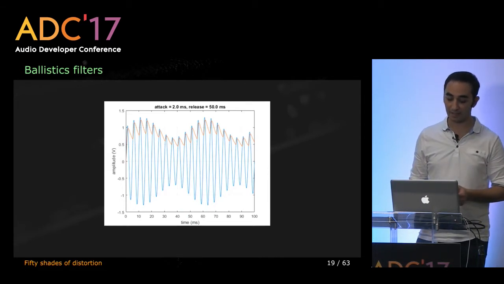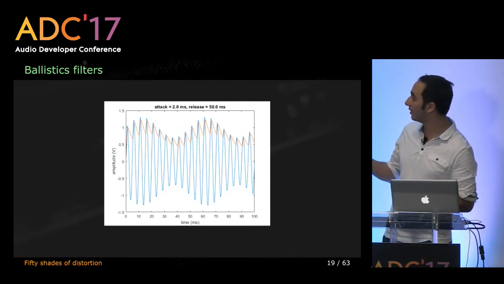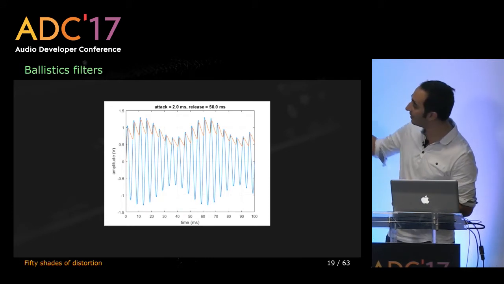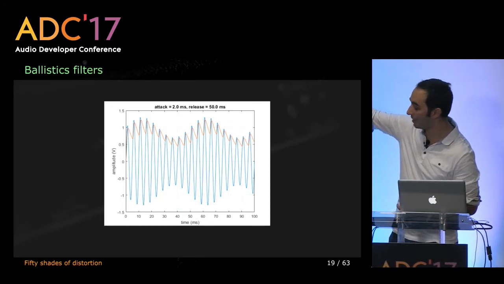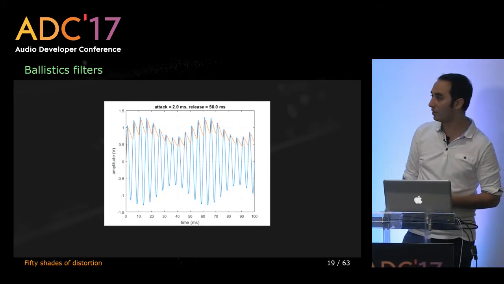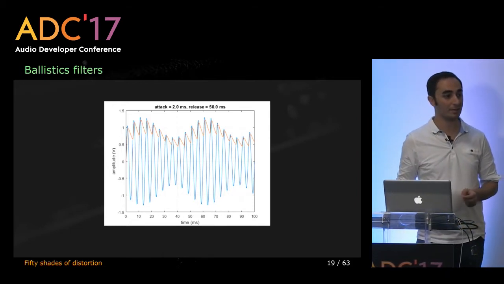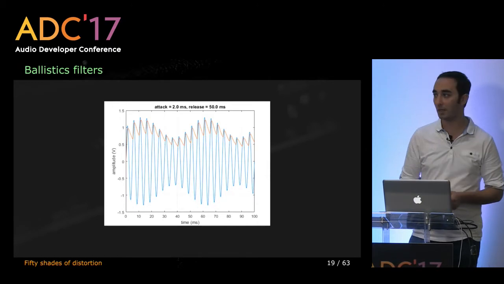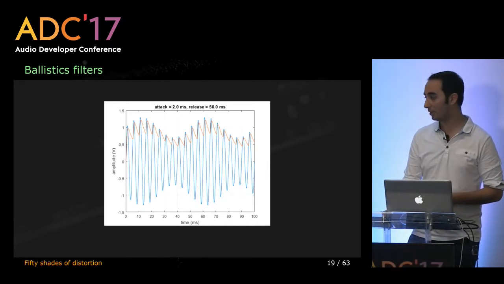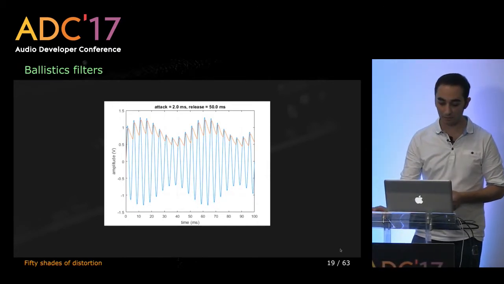And by setting the attack and release parameters, like in this example, we can get the red function that is here. And if we smoothen it a little more, we can use it directly as the control voltage signal to tell our VCA how to compress the signal. And this is actually this red signal that is going to be used with the transfer function we saw before.